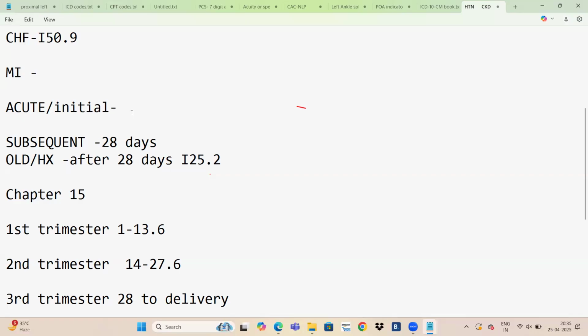Initial means the first onset visit, when the infarction developed and treatment was given. Within 28 days, follow-up for the same myocardial infarction should be subsequent.